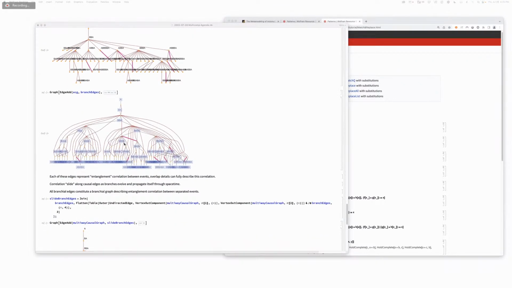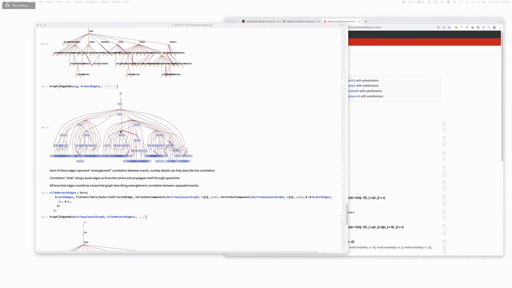Right. And then all those branchial edges, because they represent correlation, some non-local correlation between events, they kind of slide through the causal edges, right? Because all the events that causally depend on the events that are branchially connected also should be branchially connected. Yes. As soon as you connect them, you slide them through the causal edges into the future, and that's this branchial graph that represents all the non-local correlations between events.